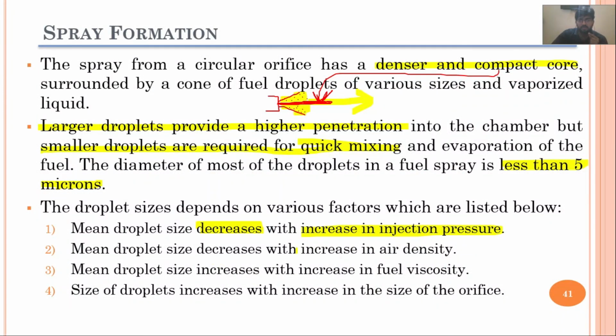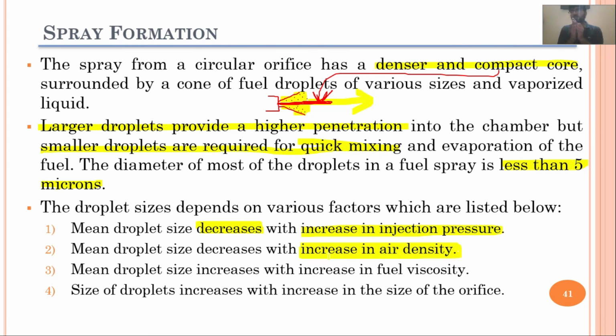Similarly, the air density usually increases when we increase the compression ratio. When the air density increases, it means that we have larger molecules available in the lower volume. So these larger molecules will resist the fuel to penetrate across this combustion chamber, and will not allow the fuel to penetrate.